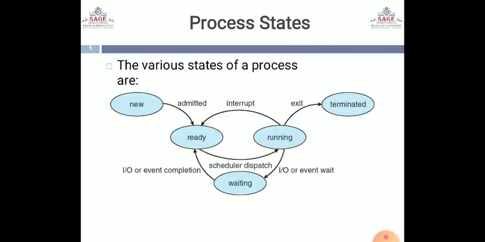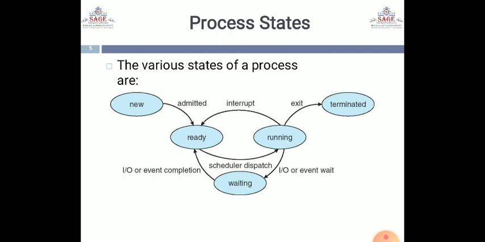So here we can see the process states. We have different types of states: new, ready, waiting, running, and terminated.